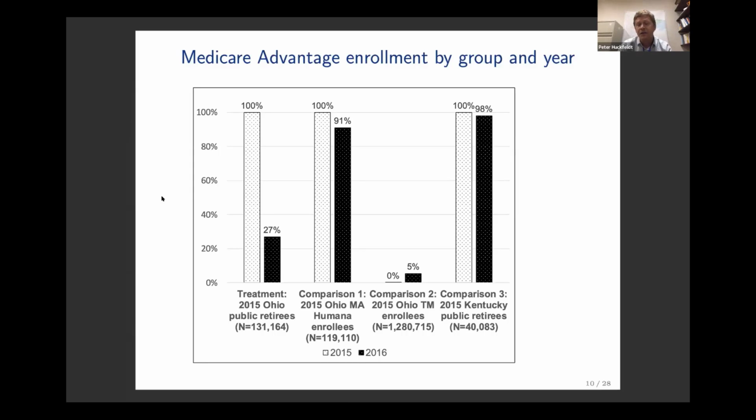When we look at the first comparison group, there's some attrition from Medicare Advantage, but in 2016, still 91% of people were enrolled in Medicare Advantage. Looking at the second comparison group, the traditional Medicare enrollees, some switched to Medicare Advantage, but a pretty small percentage. And Kentucky public retirees stayed pretty continuously in Medicare Advantage.